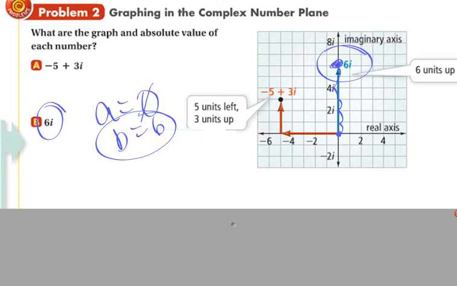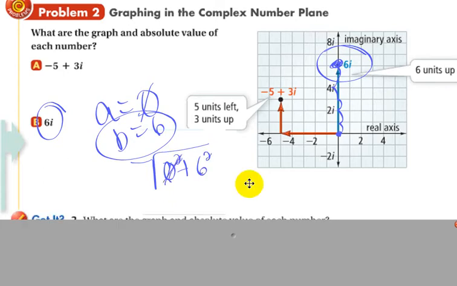Now let's get our absolute value. So it's going to be the square root of a squared, which is 0 squared, plus b squared, which is 6 squared. Well, that's going to be 0. 6 squared is what? 36. And what's the square root of 36? 6. So our answer for that distance right there is 6.